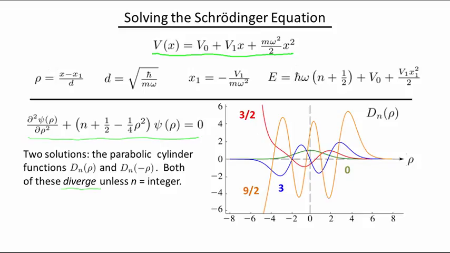So, for example, in this system, because of the quadratic dependence on x, eventually V is greater than E. If you go sufficiently far away, to sufficiently large values of x, positive or negative, you're in the forbidden region. Because you have a wave equation in a forbidden region, you always get a divergent solution.